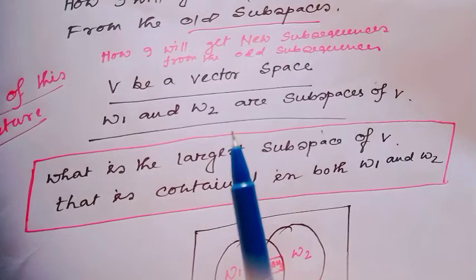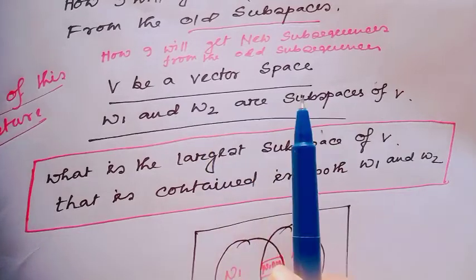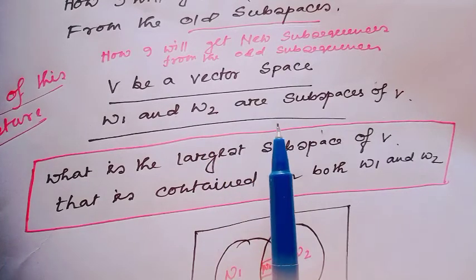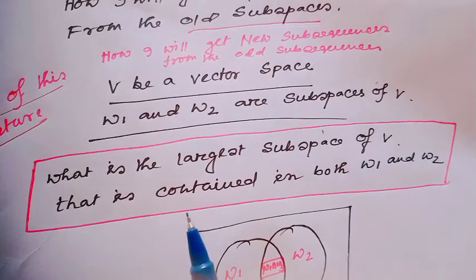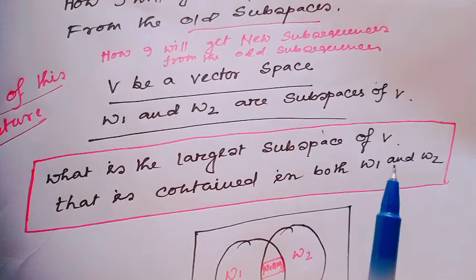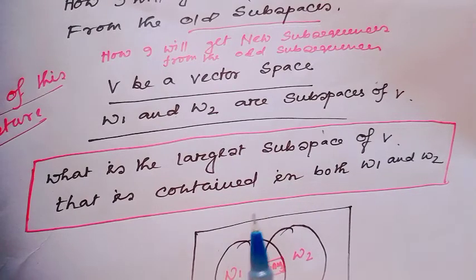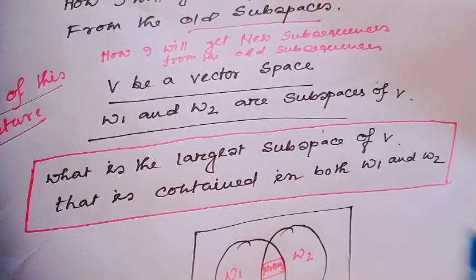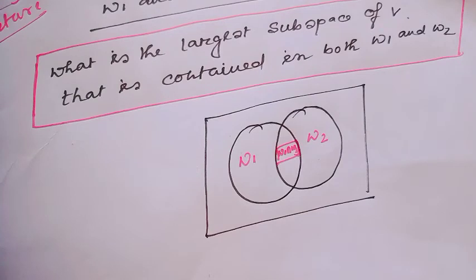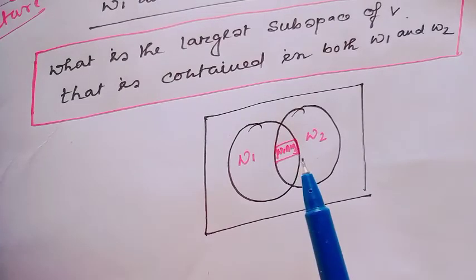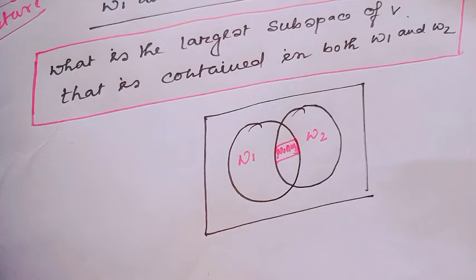Let V be a vector space and W1, W2 be subspaces of V. If W1 and W2 are subspaces, then their intersection is obviously a subspace, and it is the largest subspace contained in both W1 and W2.